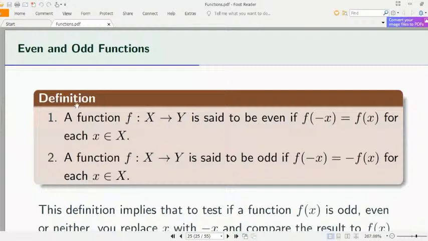Now, the next thing: what are even and odd functions? We need to know when we say that our function is even and when we say that our function is odd.